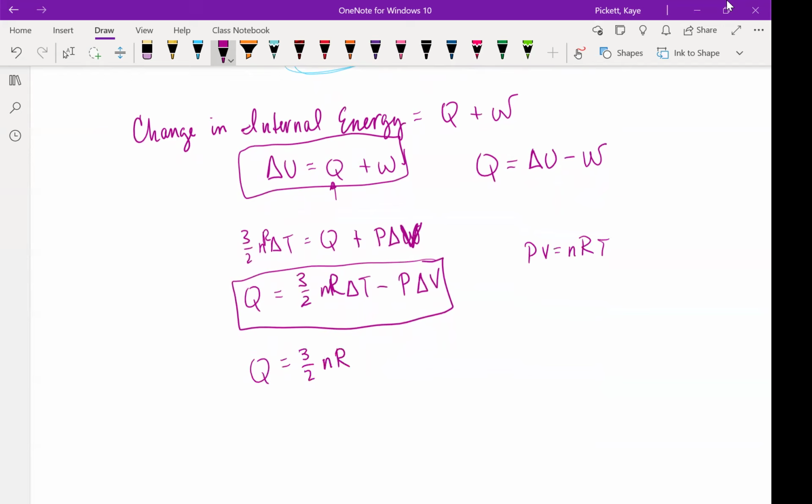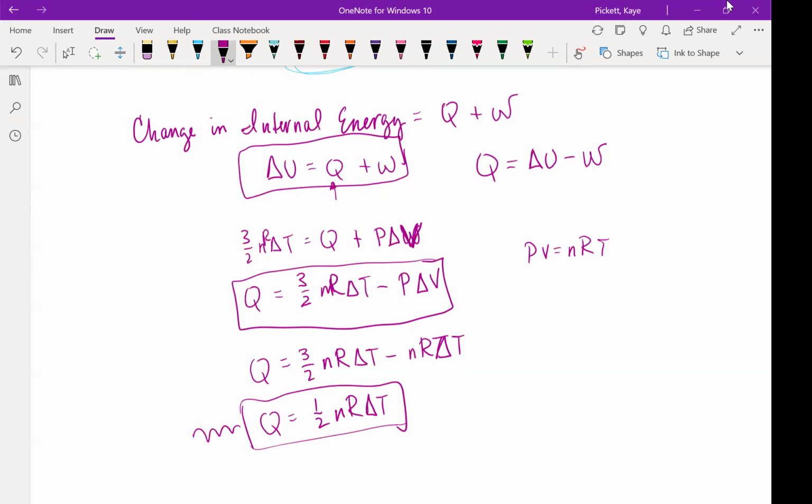So with nR delta T minus just nR delta T, the heat flowing in, you can get a system that looks like that. That's pretty cool. This isn't always quite there, but as you see, this is just a quick derivation.